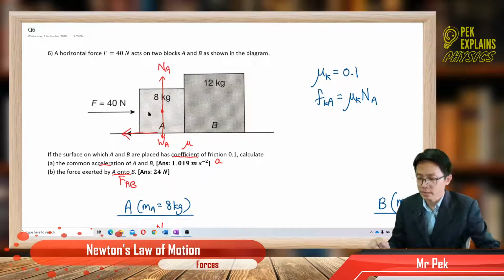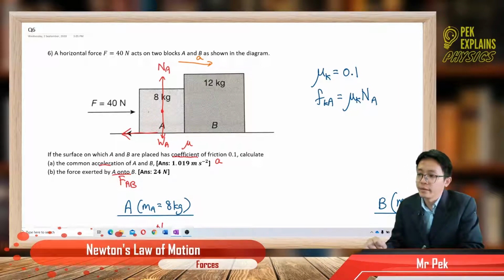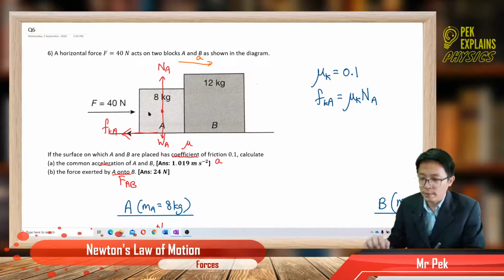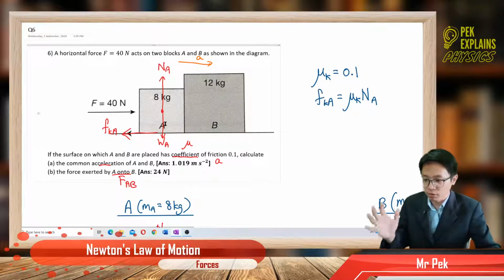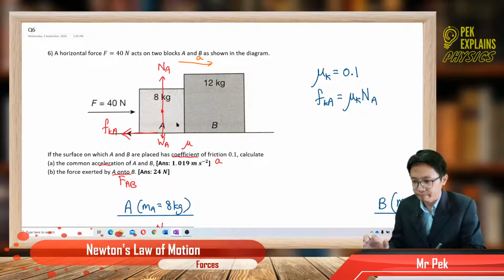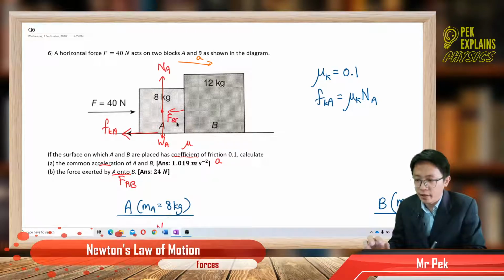Because this object is accelerating to the right, the friction must be to the left. So this is put as kinetic friction for A. Also, B is blocking A, so B also exerts a force on A that is called FBA.